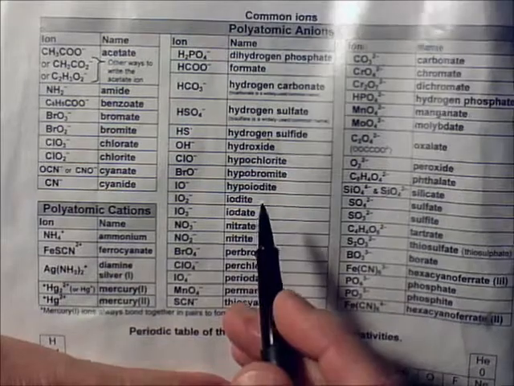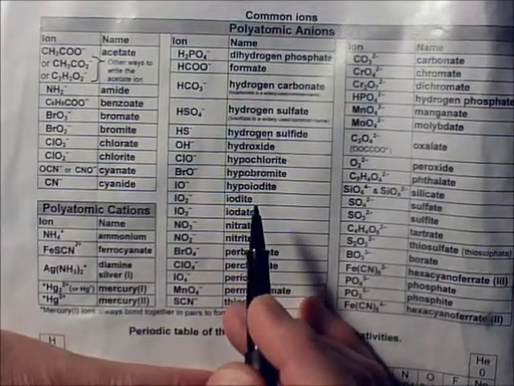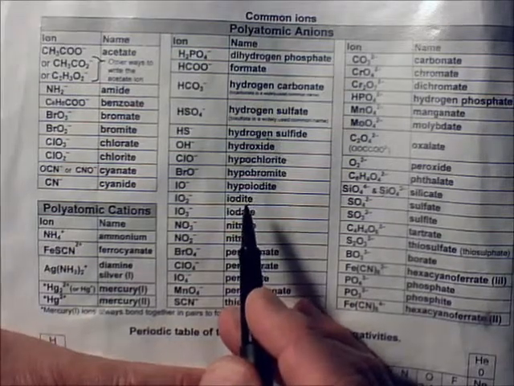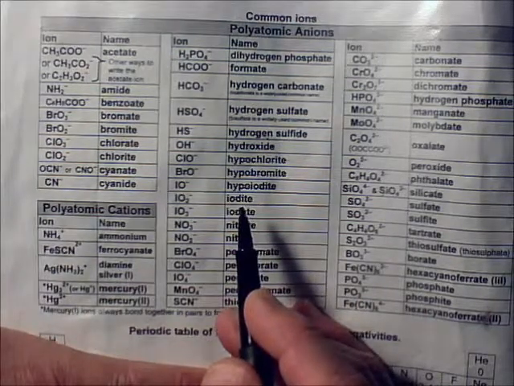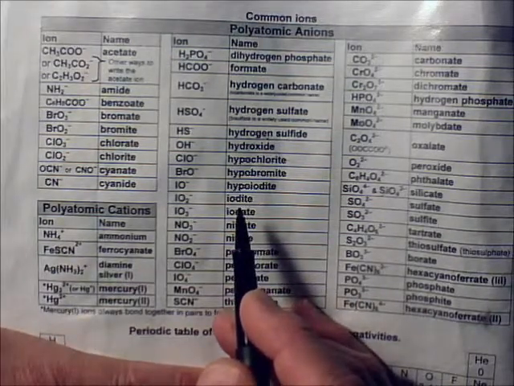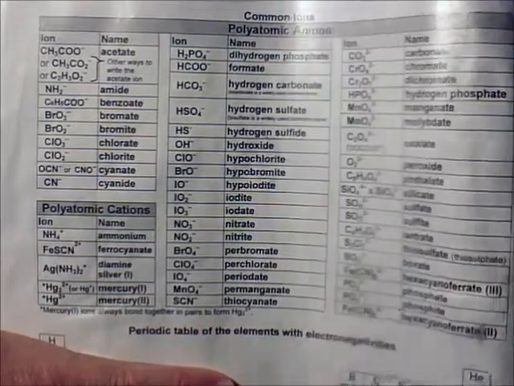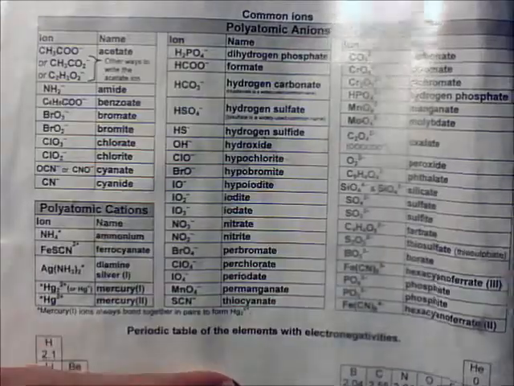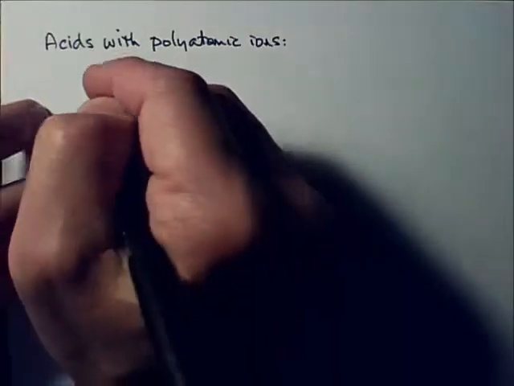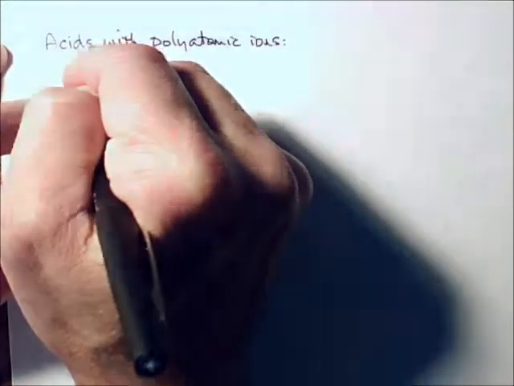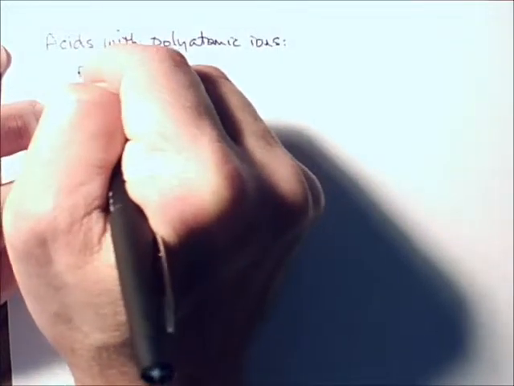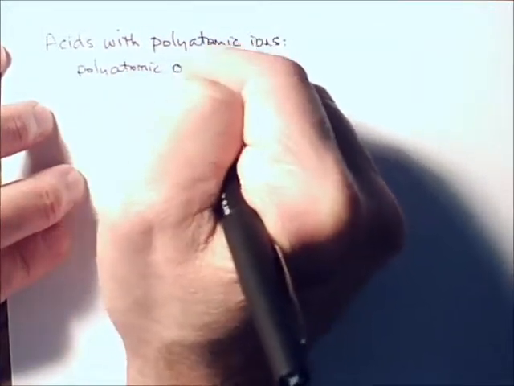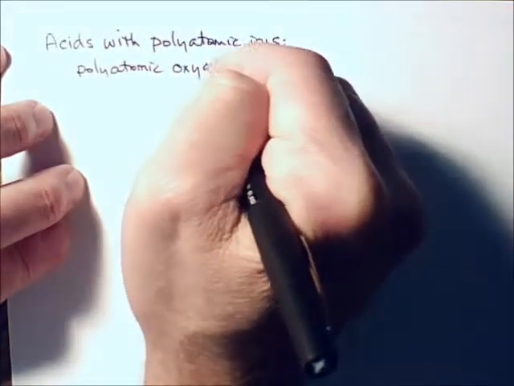But there are lots of anions, anions being negative ions, that have oxygen on the back. You see that? Lots and lots of them. Okay? Those anions that have an oxygen on the back of the formula have a special name. They're called polyatomic oxyanions.